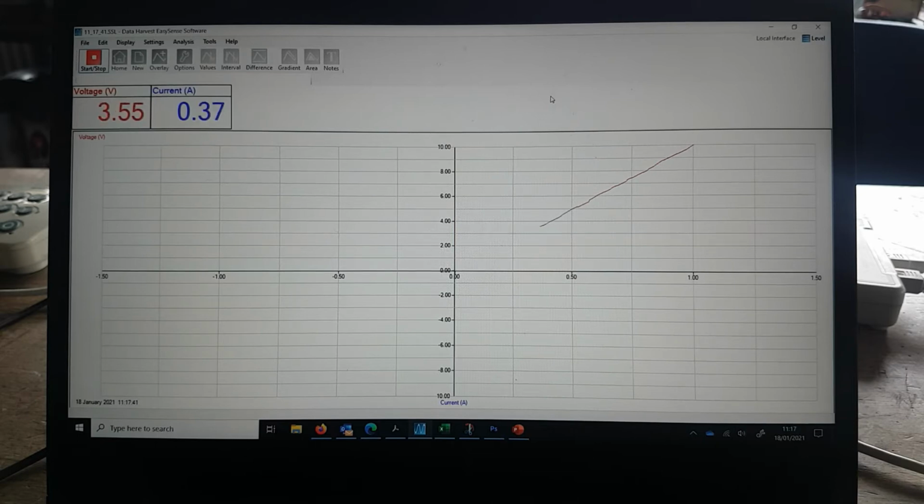Here we see we're approaching a pretty good straight line down towards the origin. And as we should, we need to do negative values. So I'll swap the connections over now and then go the opposite way. And there you'll see, I think we can agree, that is a pretty good straight line.